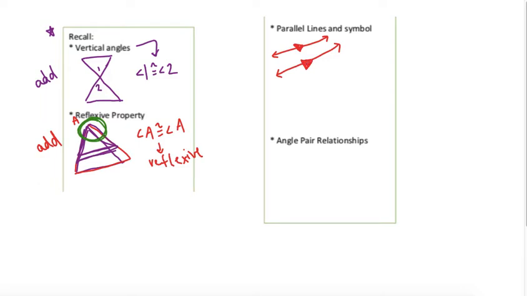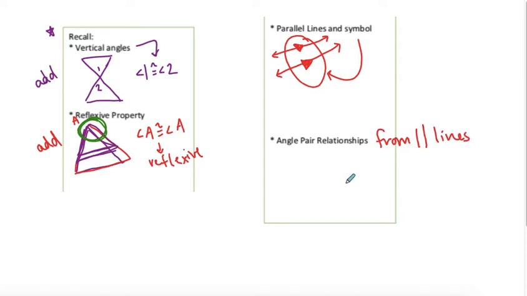The symbol for parallel might not be written out, it might be given in the picture. That symbol tells us that these lines will never intersect. What that helps us with is that we're going to get angle pair relationships from parallel lines.